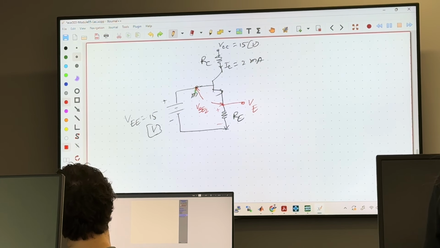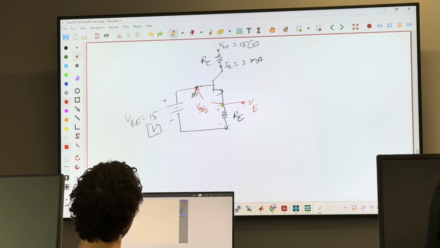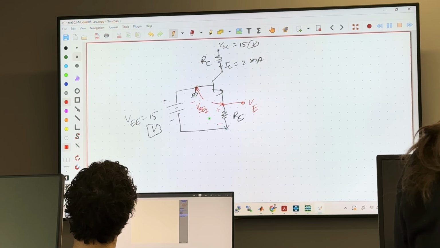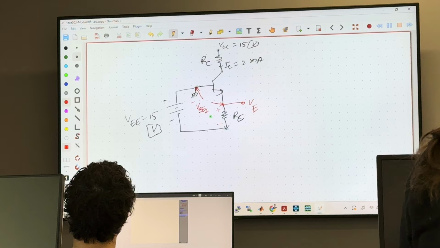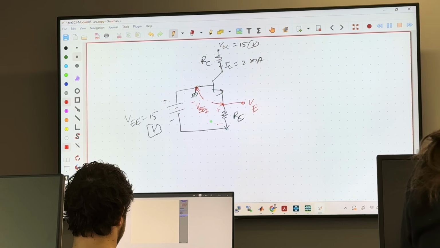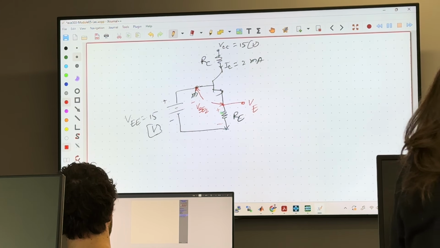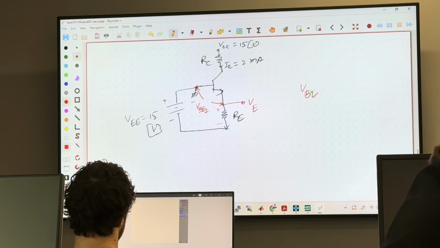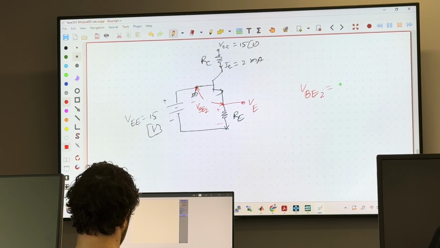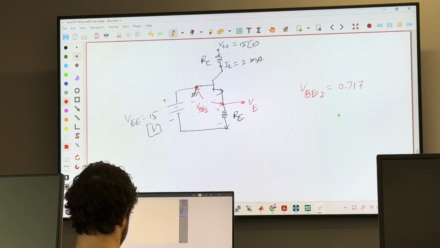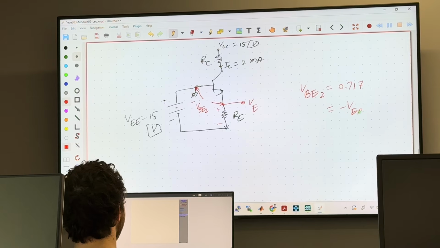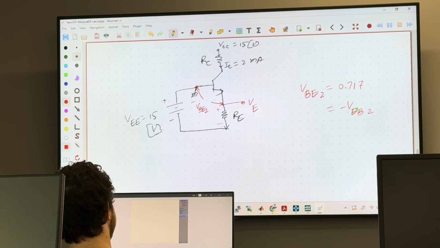VBE is, this is negative, this is positive. So VBE2 is 0.717, which is the same as negative VEB2.